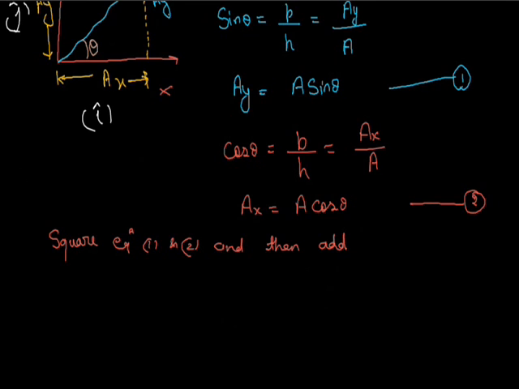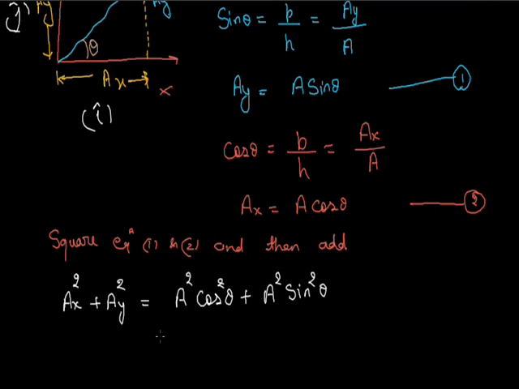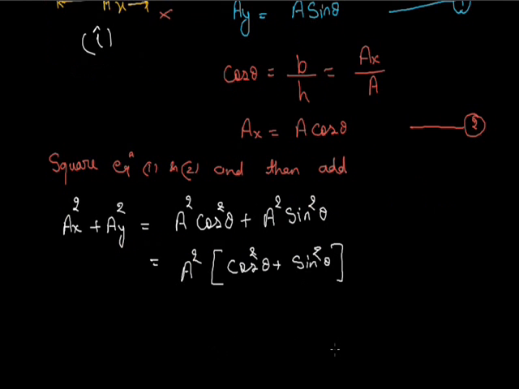So what we get? Ax square plus Ay square equals A square cos square theta plus A square sin square theta. Now take the common A square, and what is left is cos square theta plus sin square theta. And we all know cos square theta plus sin square theta is equal to 1.